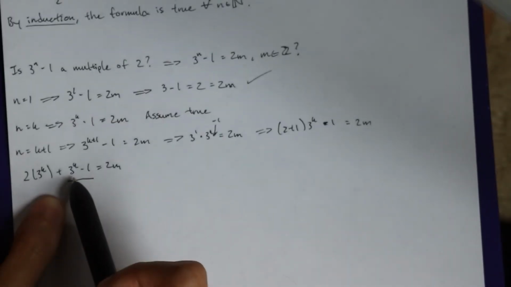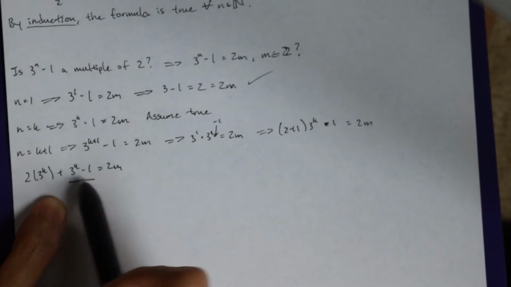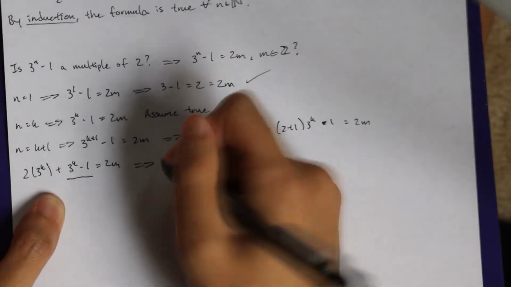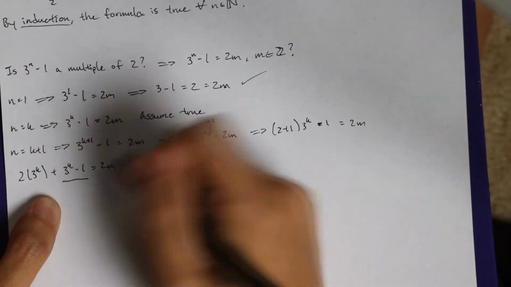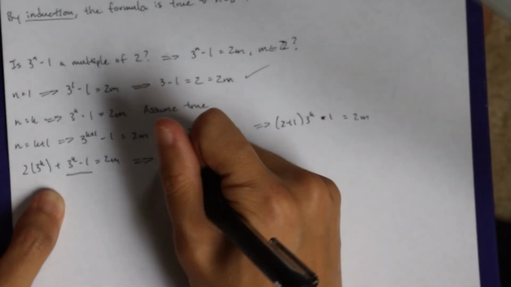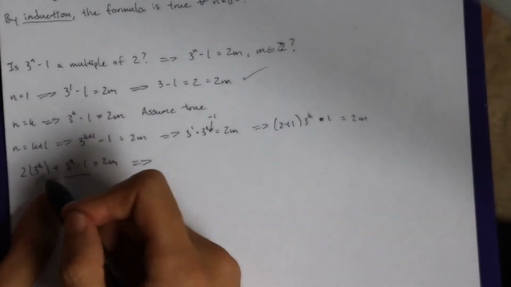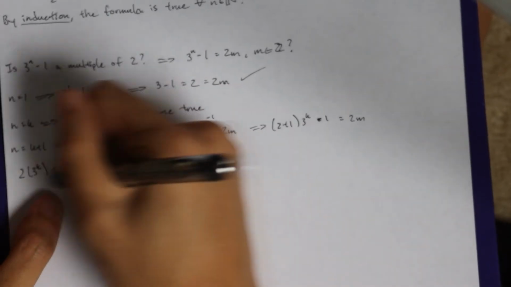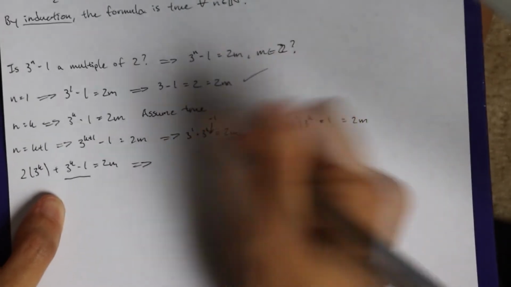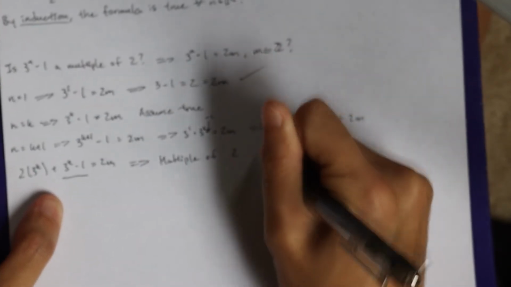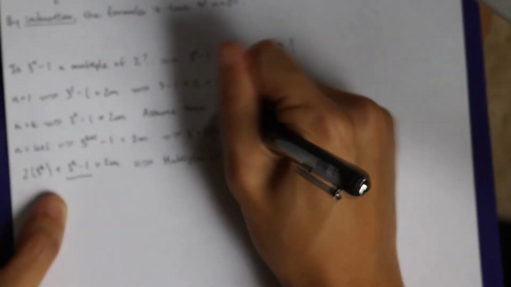So we can say that 3 to the k minus 1 is a multiple of 2. But also, we can substitute 2m in this equation if we want to, but I'll just continue a little forward. So observe that 2 times 3 to the k is a multiple of 2. So that would also mean that the whole thing is a multiple of 2. So this is true.